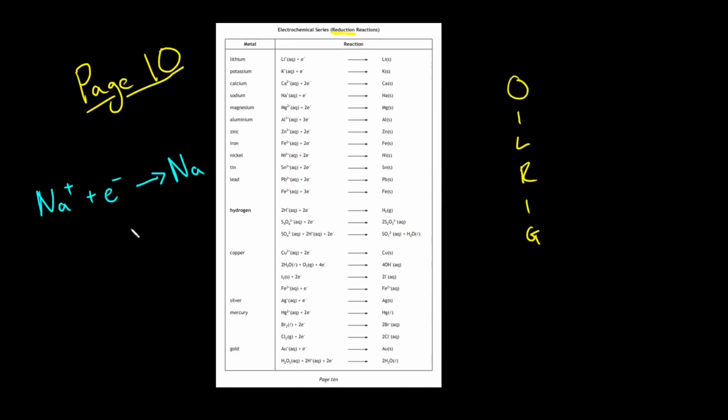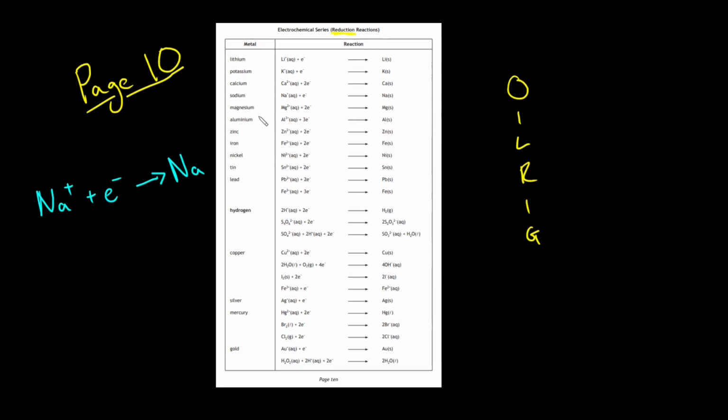For an oxidation though, if I was asked to write an oxidation reaction instead of a reduction reaction, well, I don't have a page in the data booklet for the oxidation reactions. They're only reductions here. So to write an oxidation this time, instead, what I would have to do is to find the element I'm looking for and write the equation in reverse, flip it round. So I'll show you an example of that.